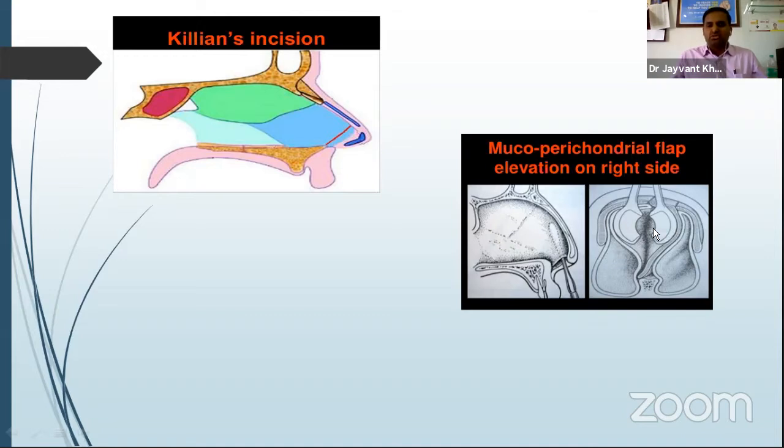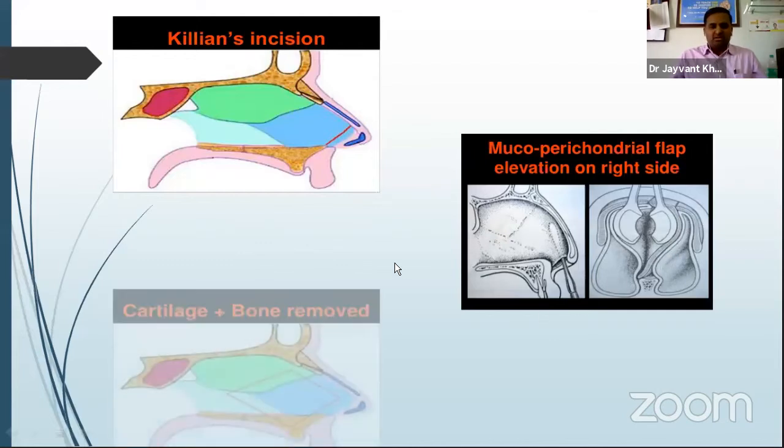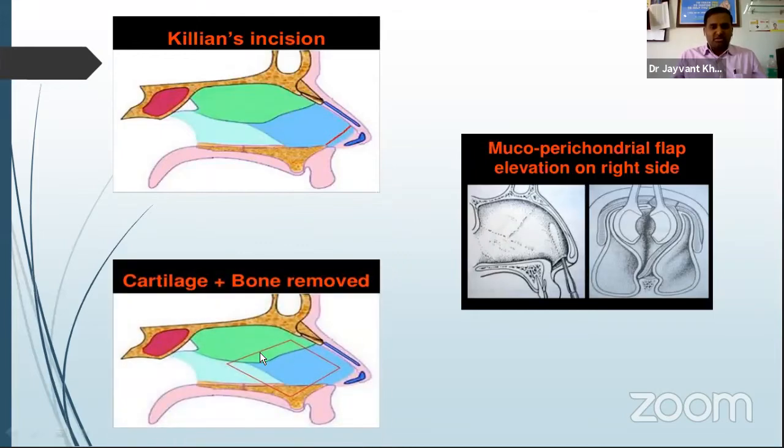In these two blades, you can keep the nasal septum in the midline and catch it with the Luc forceps. Then cartilage and bone are removed from this area or deviated part of the area. 1 centimeter here is dorsal, and this is caudal 1 centimeter, preserve it.